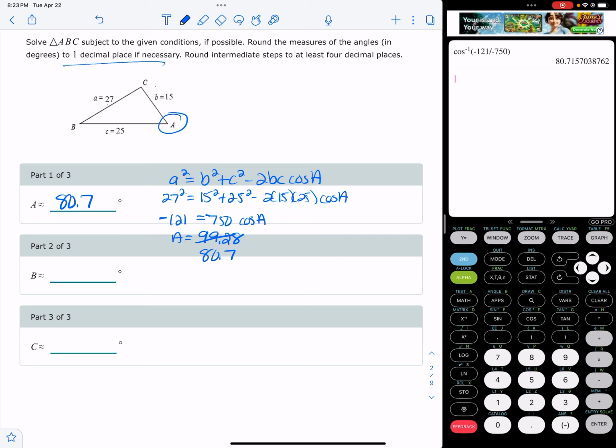Okay, and now we do the same thing for angle B. And so that would be 15 squared minus 27 squared minus 25 squared. And we're going to divide that by negative 2 times 27 times 25.